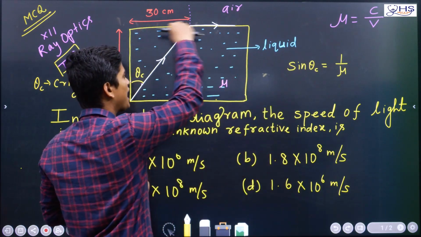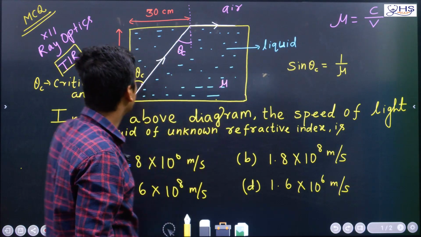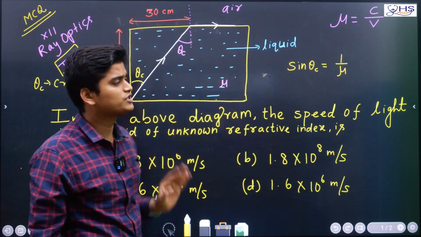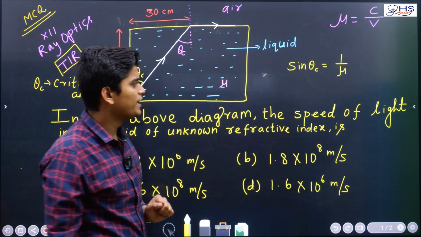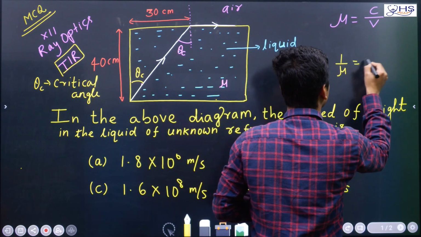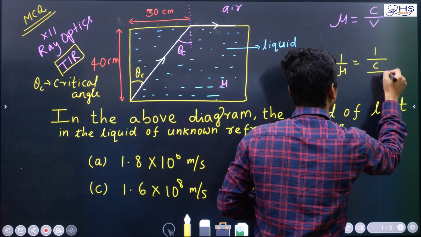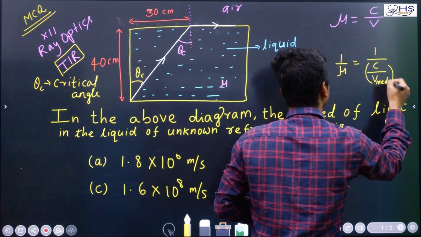On the surface, if we apply Snell's law, we will get this. We have already derived this formula under TIR, but here just understand that by applying Snell's law I can get this, so I can directly use this formula. Now sin theta c equals 1 by mu, and mu is nothing but C divided by V medium, the speed of light in a medium.